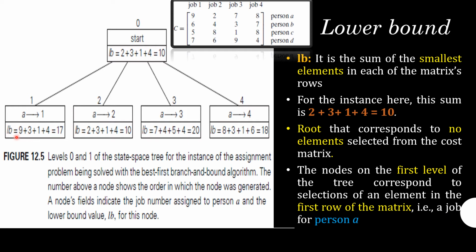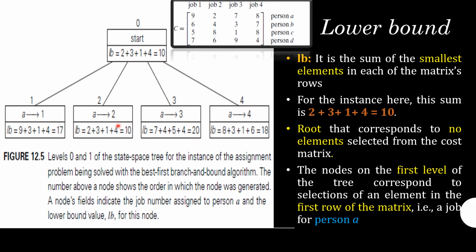So here LB is equal to 9 plus 3, that means the minimal element in the second row, plus 1, then 4. So I have selected 9, then the minimal element in the second row, third row and the last row. So the lower bound is 17. Done. So the first node is done.